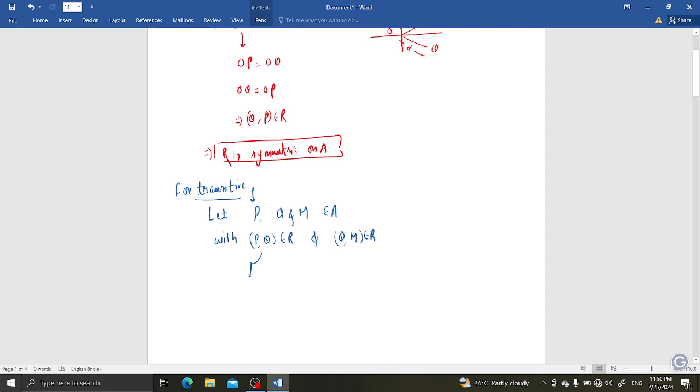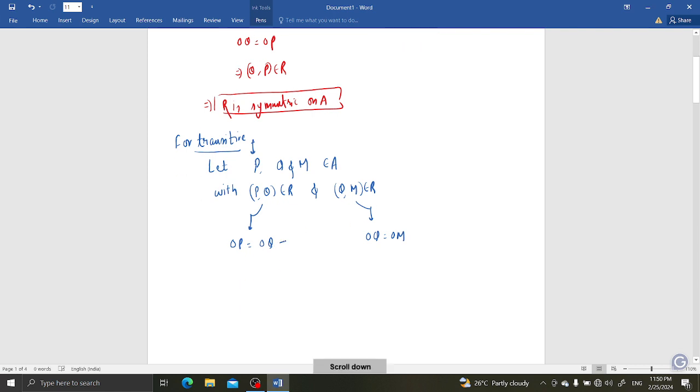Now if P comma Q belongs to R, then the distance of point P from the origin is the same as the distance of point Q from the origin, and here also OQ equals OM. Now this one I assume third and this one fourth, so from third and fourth we have OP equal to OM.